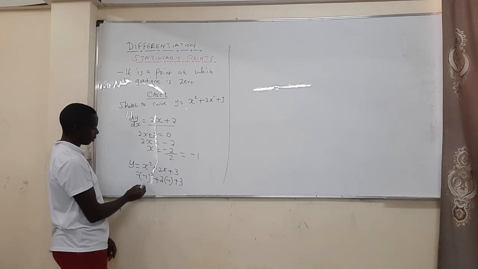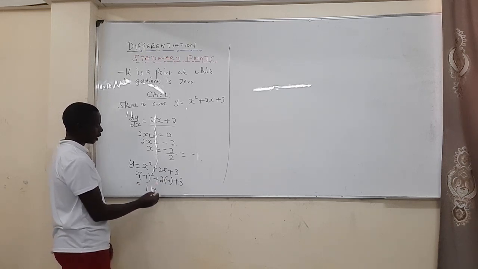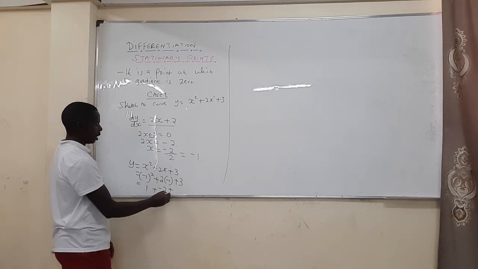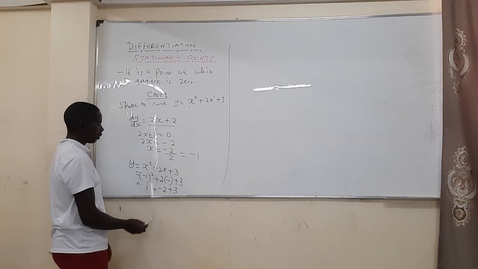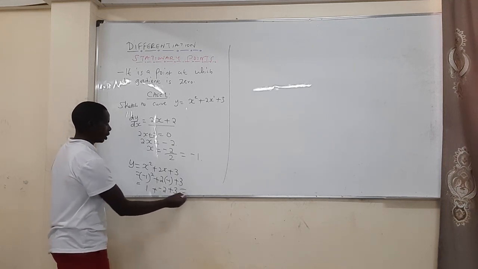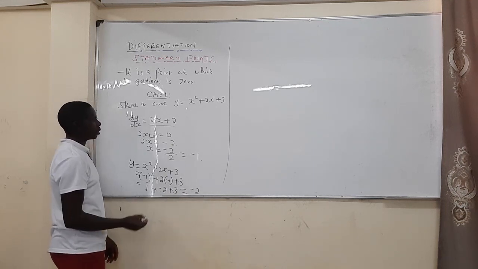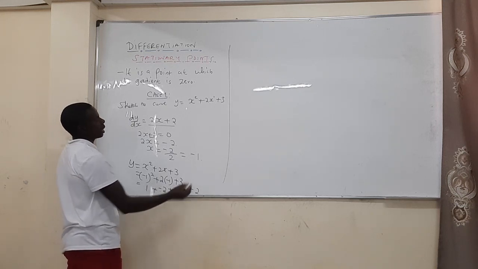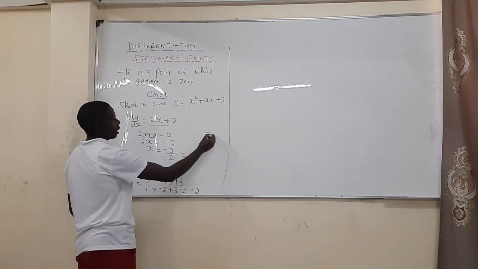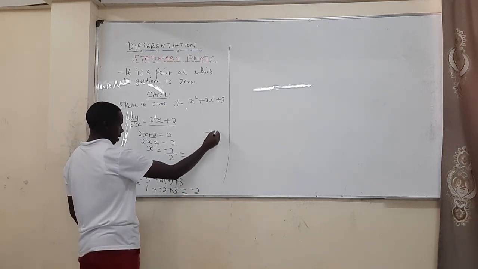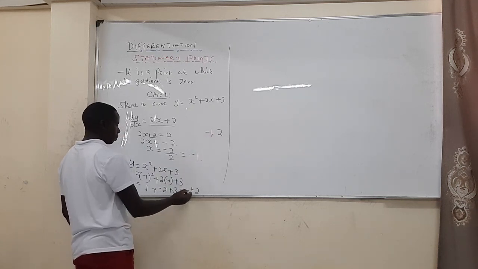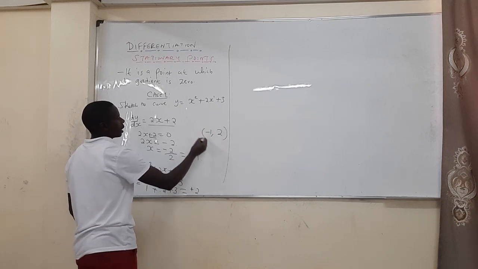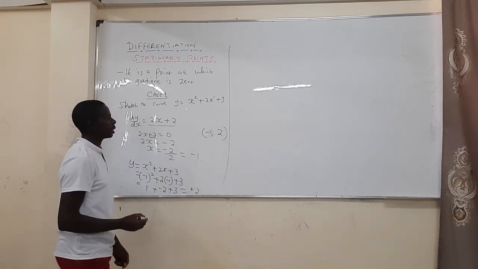Minus 1 squared is positive 1, plus 2 times minus 1 is minus 2, then plus 3. So 1 plus 3 is 4, then minus 2, you get 2. So at the stationary point, the coordinate is x equals minus 1, y equals positive 2. That is our stationary point.